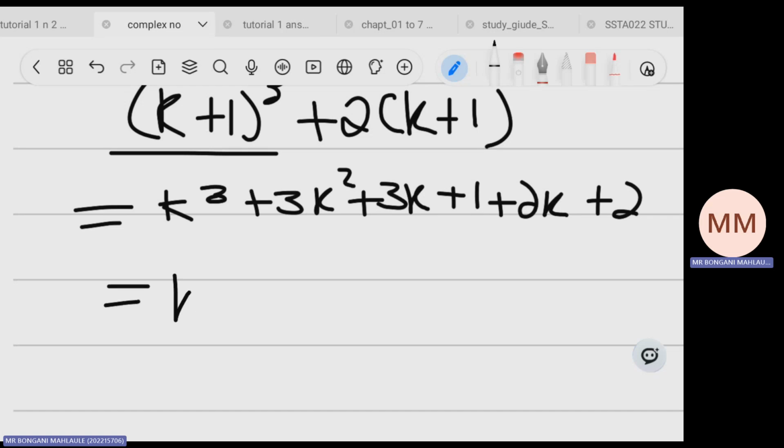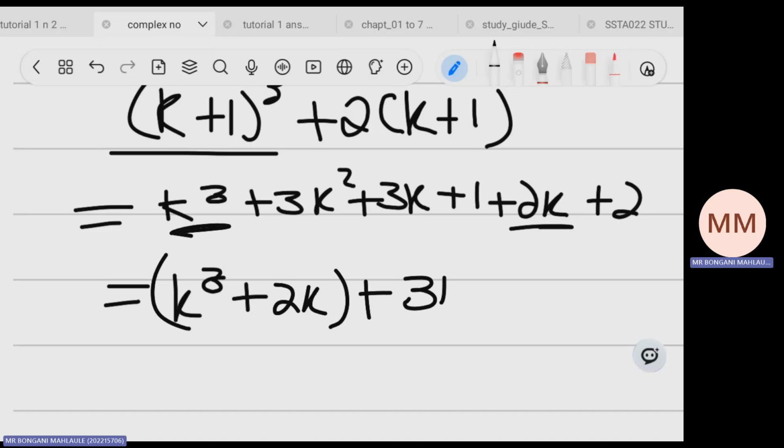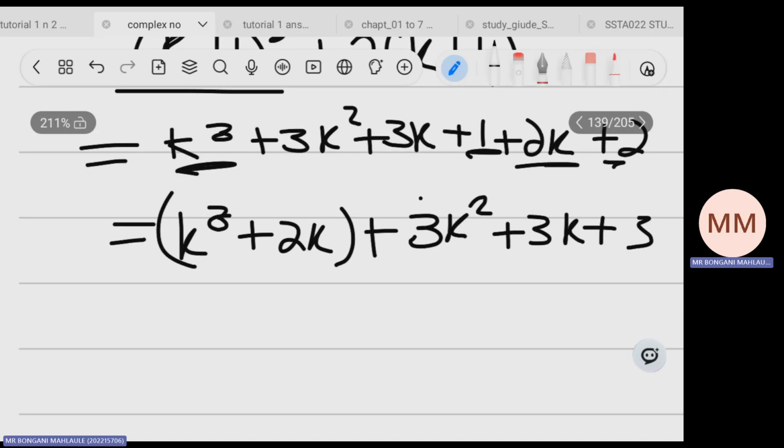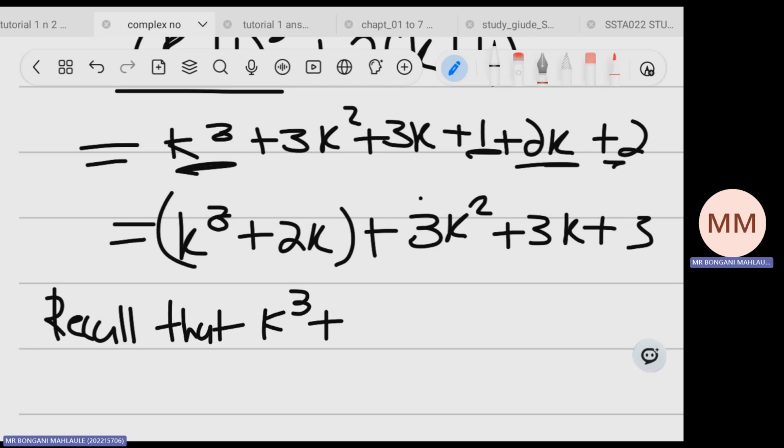And this will be the same as k cubed plus, so I'm going to group this with 2k. Then this one I'll group them together. 1 plus 2 will give us 3. So we can see that we're going to have a multiple of 3. Recall that k cubed plus 2k will be equal to 3m.